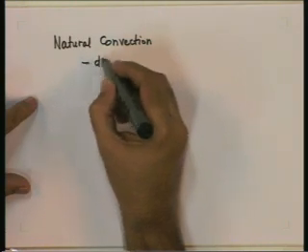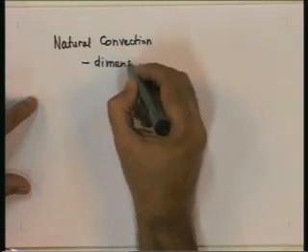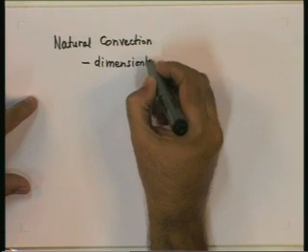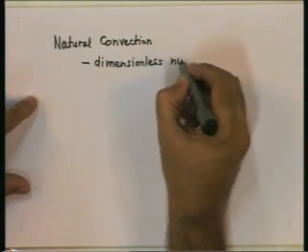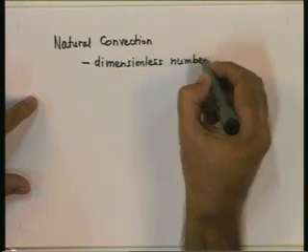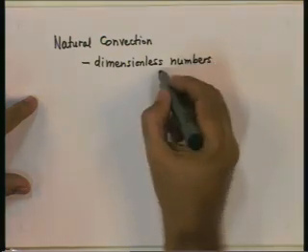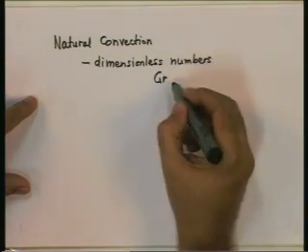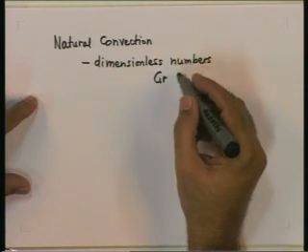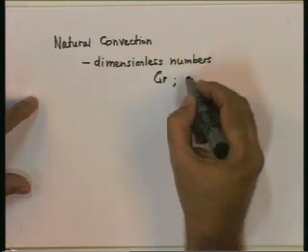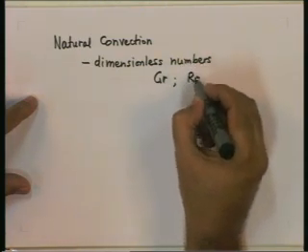We looked at the dimensionless numbers. Particularly the numbers of importance for us are Grashof number and related to it the Rayleigh number.